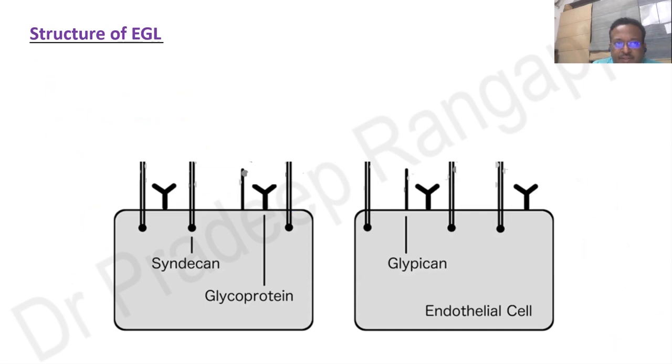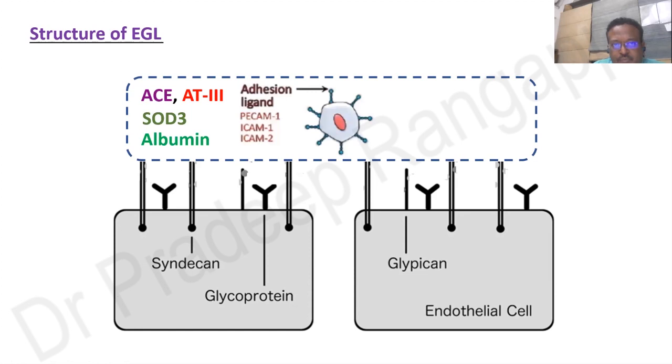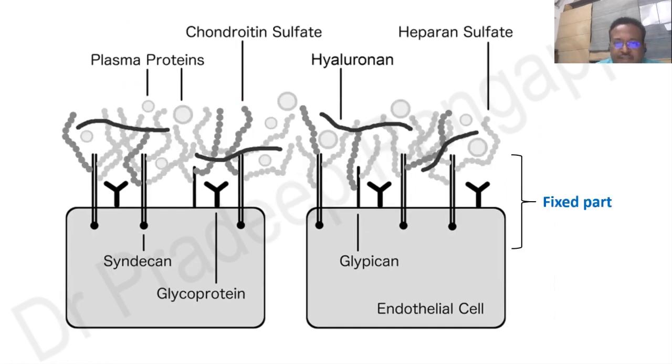repel these cellular constituents. When you look more closely at the structure of EGL, it has a fixed component which is fixed to the endothelial layer, and then there is a dynamic part which is not fixed and is volatile. The fixed part contains all the syndecan, glycoprotein, and glycosaminoglycans. The dynamic part consists of other enzymes like ACE, antithrombin 3, SOD3, albumin, and it also contains adhesion molecules like platelet endothelial cell adhesion molecule, intercellular adhesion molecule, and vascular cell adhesion molecule.